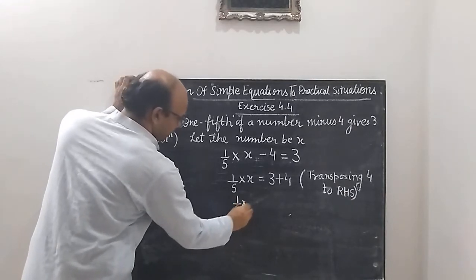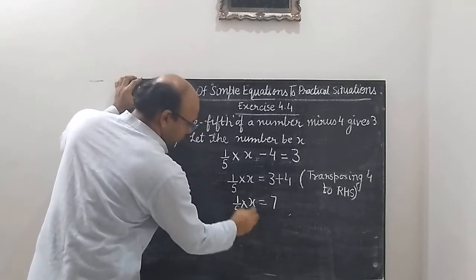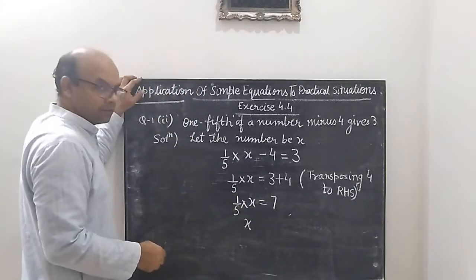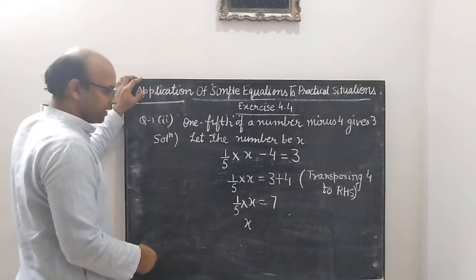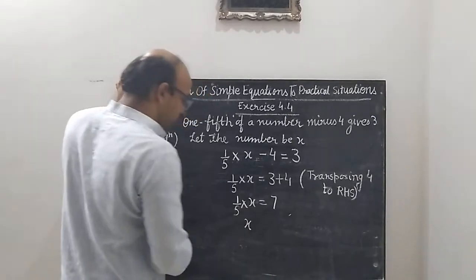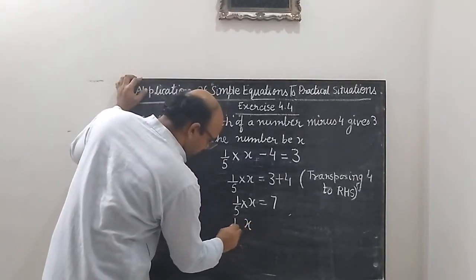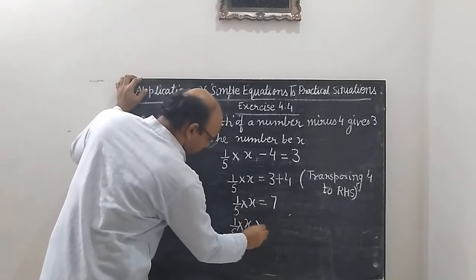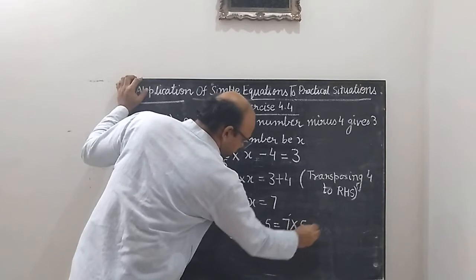1 by 5 into x is 7. Now, because 5 is dividing x, to cancel out 5 what has to be done? We multiply both the sides by 5. So this is 1 by 5 into x into 5 is equal to 7 into 5.